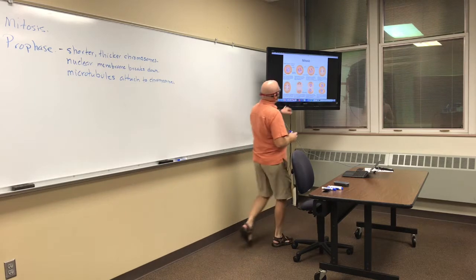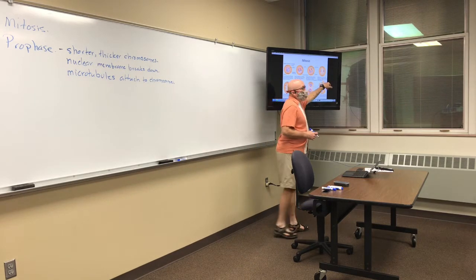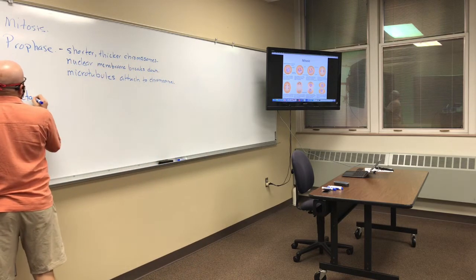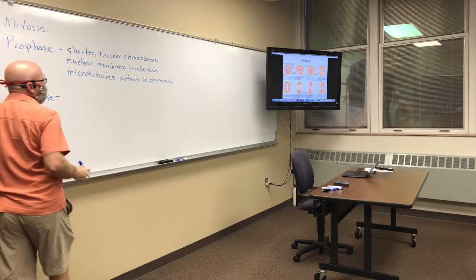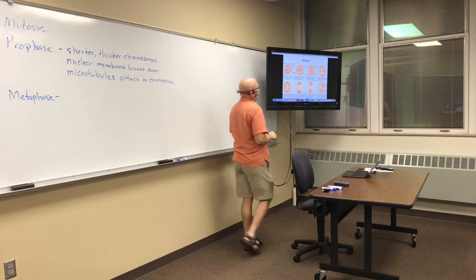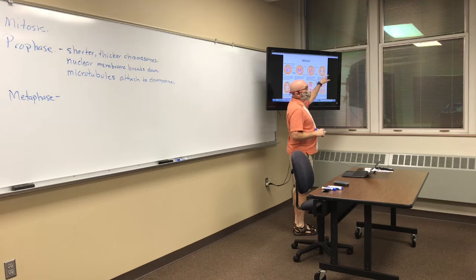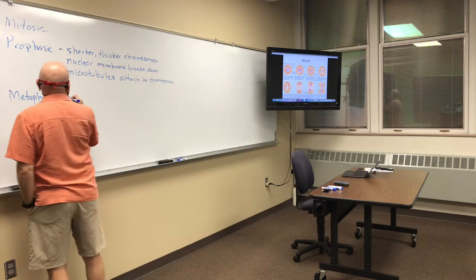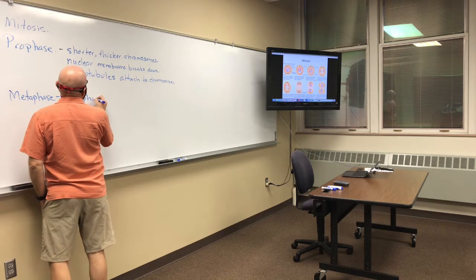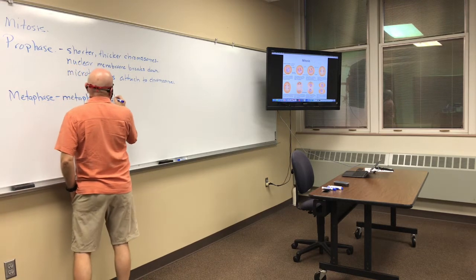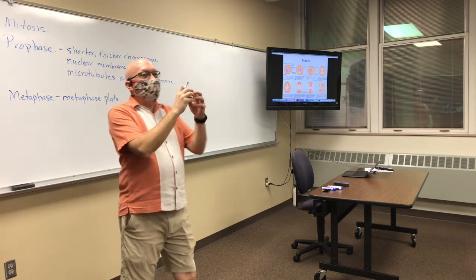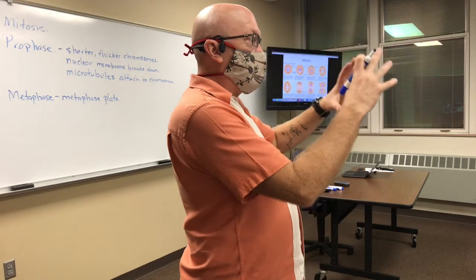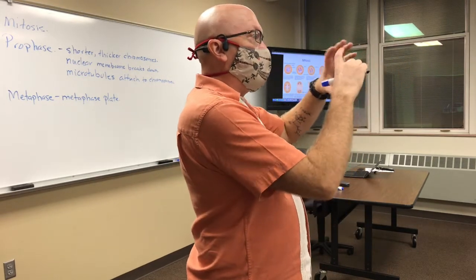As you leave prophase and enter into metaphase, in metaphase, these microtubule tethers have basically forced the chromosomes to become aligned along this thing called the metaphase plate. They become aligned along the middle of the cell. And normally, when we're looking at a cell, it looks like a straight line, but keep in mind that the cell is three-dimensional.